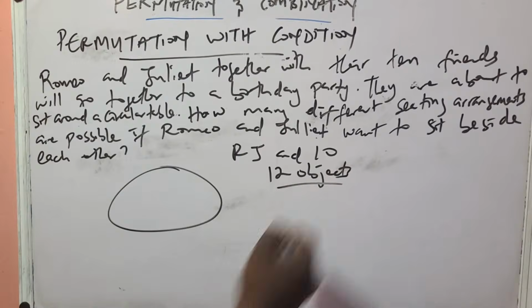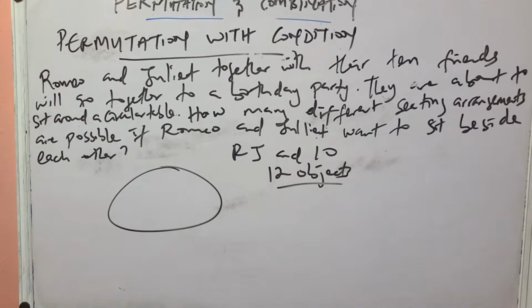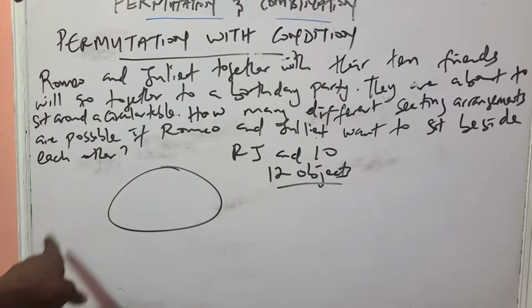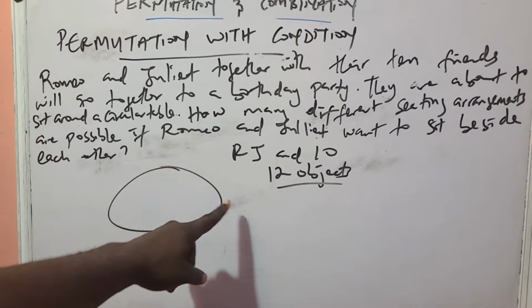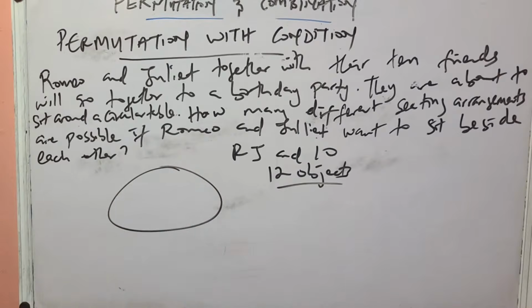If we were just told to arrange these guys anyhow, without caring about any condition, we would use cyclic permutation and say 12 minus 1 factorial, that is 11 factorial.